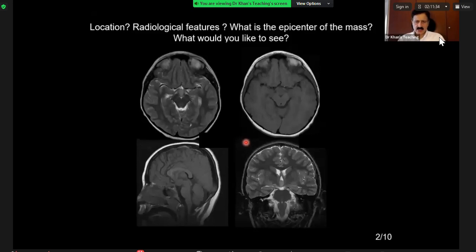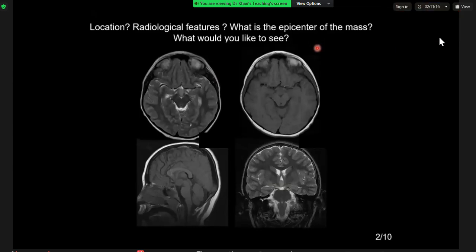And my question is that this is a T2, this is a T1, this is a T1, this is a T2 coronal. What is the location? What are the radiological features till now? What is the epicenter of the mass? What would you like to see next? So this is definitely separate to the pituitary and is in the suprasellar region.